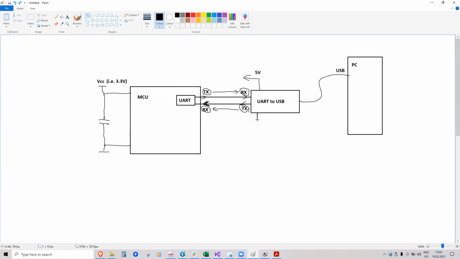From this USB to UART converter, the line goes to the microcontroller, but the connection is actually made to the ground. So actually all UART connections have at least 3 wires: TX, RX, and the ground, and sometimes you can use this power supply.